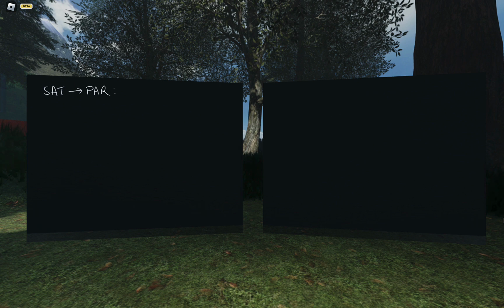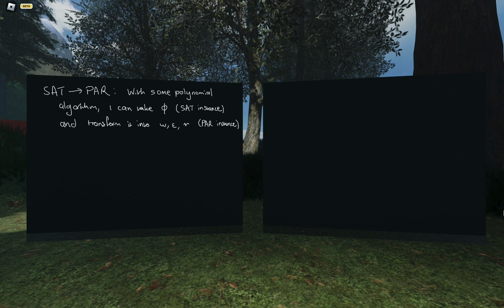And what that would mean, let me just spell out: with some polynomial algorithm, I can take a formula phi, which is an instance of SAT, and transform it into some W, epsilon, and R, which is an instance of PAR, such that these instances are equivalent in that they both have the same answer.